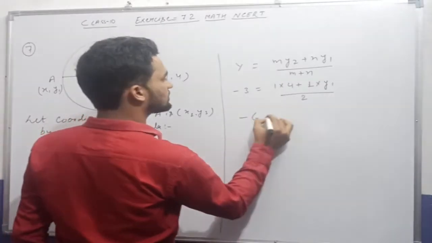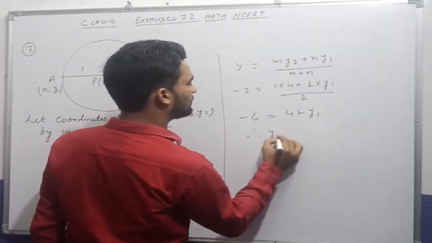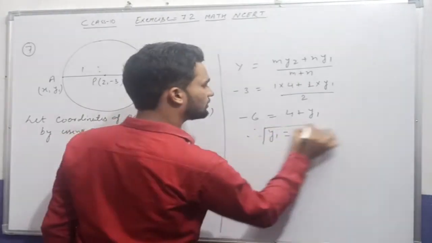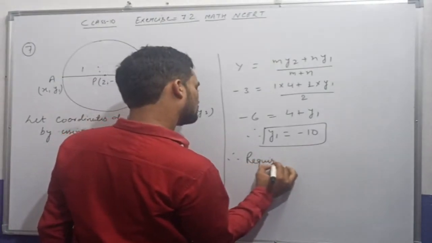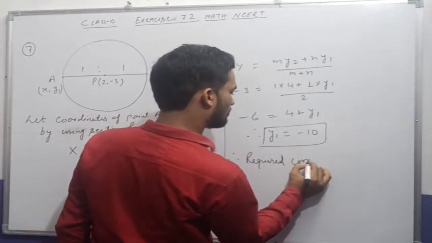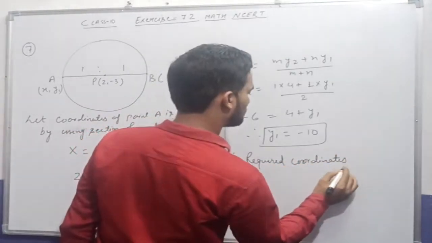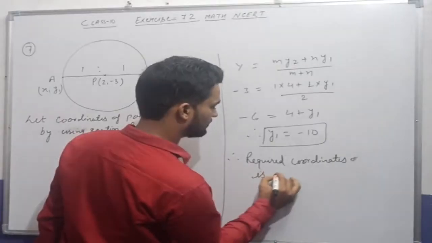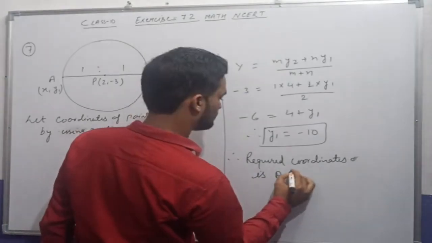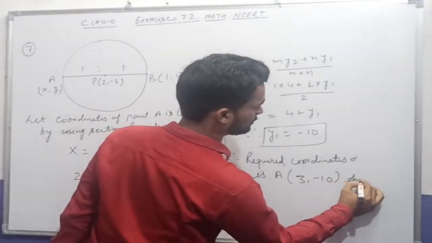So this will be minus 6 is equal to 4 plus y1, therefore y1 is equal to minus 10. Therefore the required coordinates of point A are 3 comma minus 10. This will be your answer.